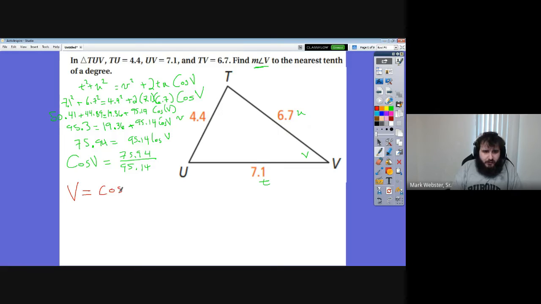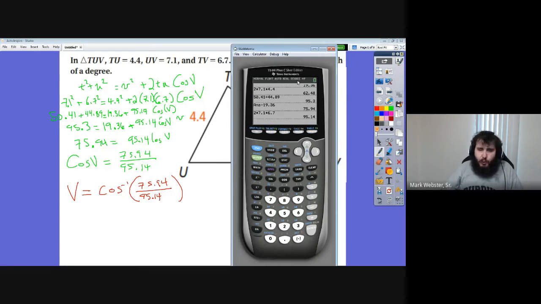So it's going to look like this. So now I've done this. I've got it in my calculator ready form. I'm going to throw it into my calculator and go ahead.